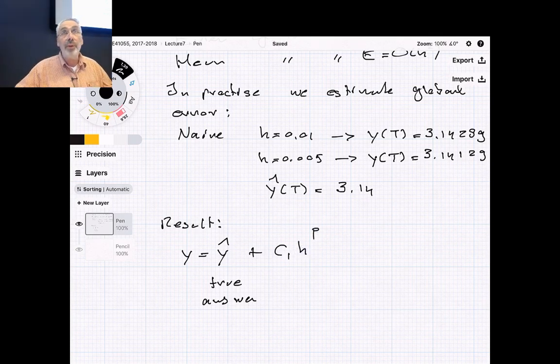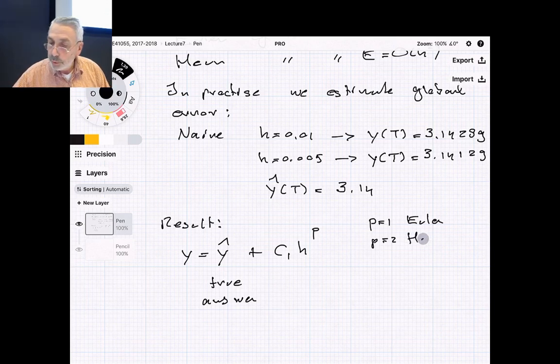And p is the method order, right? So if p is 1, then we were doing Euler. And if p equals 2, then we were doing Heun. And this plus should actually be plus or minus, because errors can go up or down.